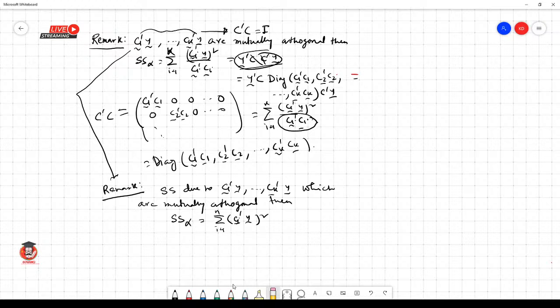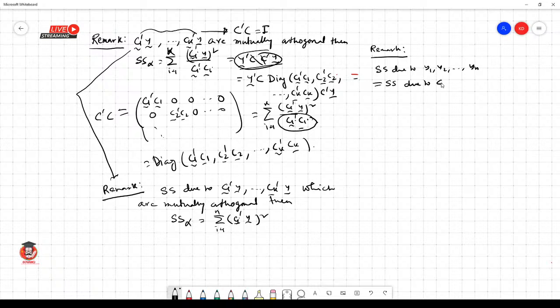So another remark, SS due to y1, y2, ..., yn, which we call sum of square due to y1 to yn.